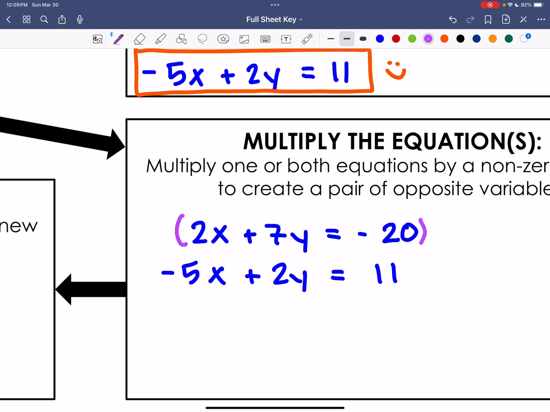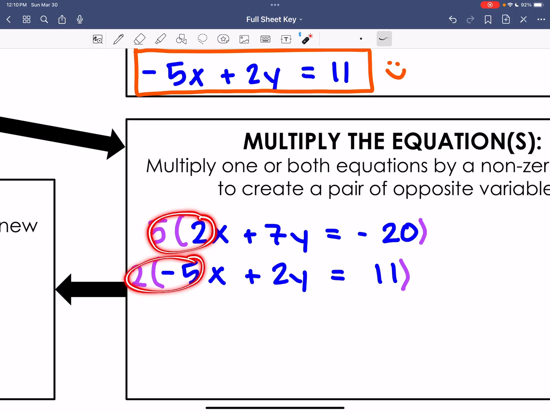So going to this top equation, to make 2 turn into 10, which was the least common multiple of 2 and 5, I would need to multiply this equation by 5. And then to make the bottom equation into 10, I would need to multiply by 2. And then I love that I already have one that'll be positive, one that will be negative.